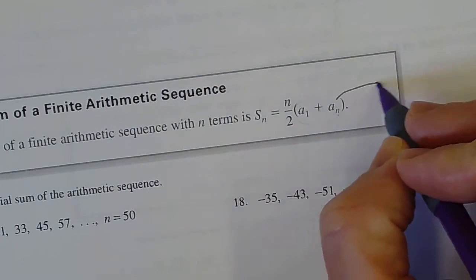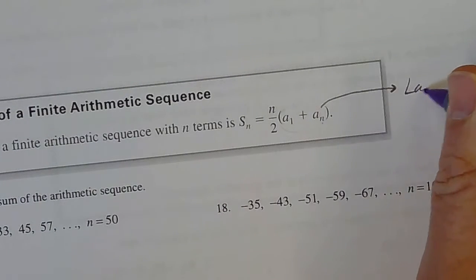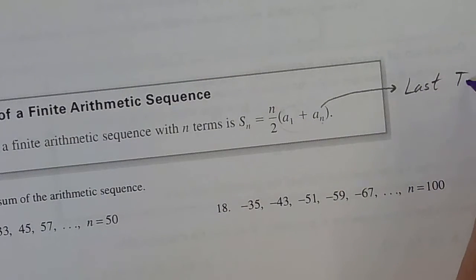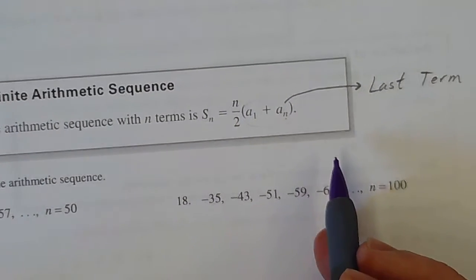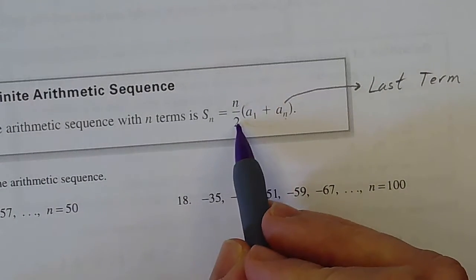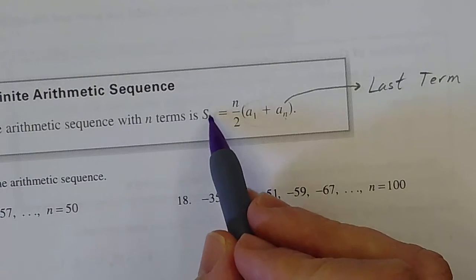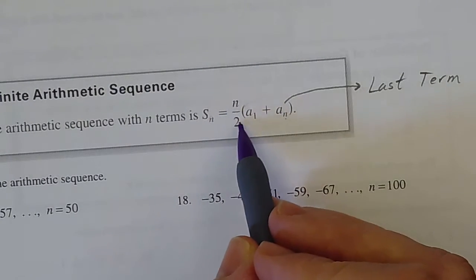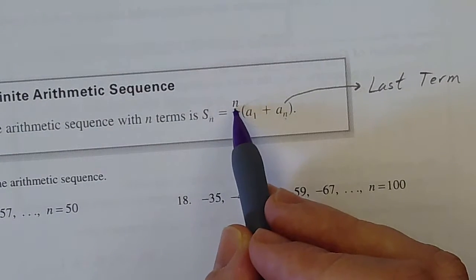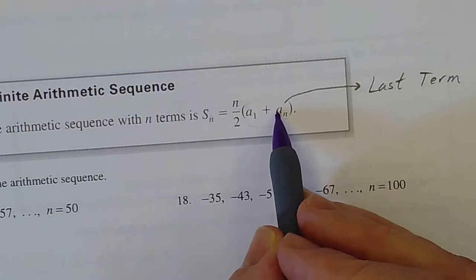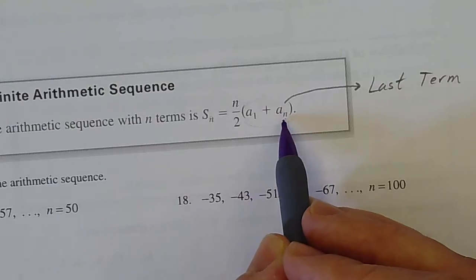And n is going to be the number of terms. If you're finding the sum of the first 50 terms, n will be 50, and we do 50 over 2. So they're going to tell you the number of terms, and if I said 50, then this would be A sub 50.